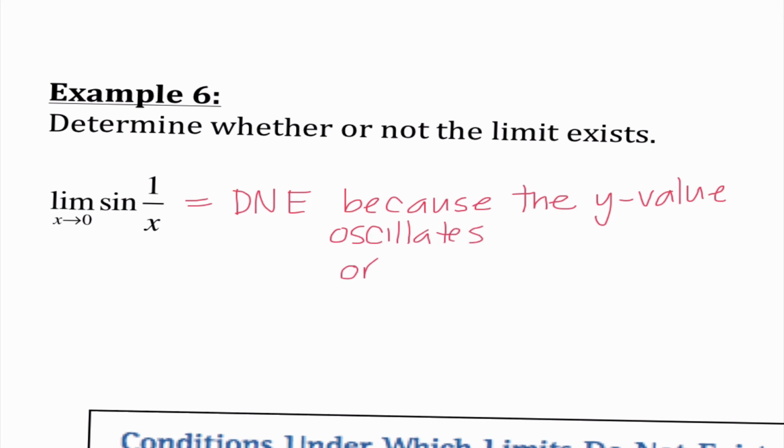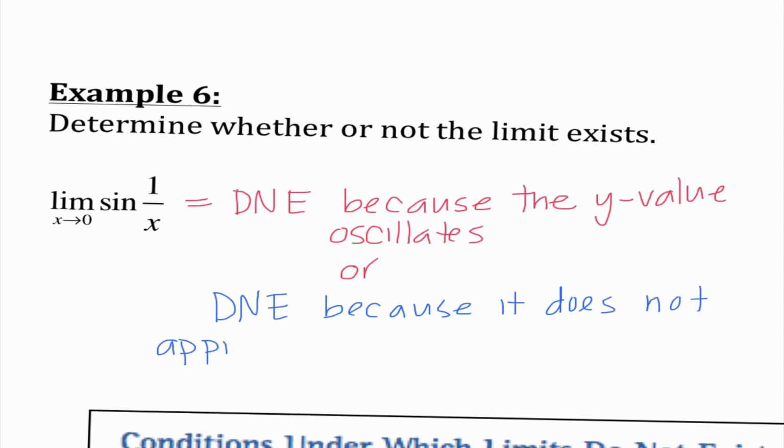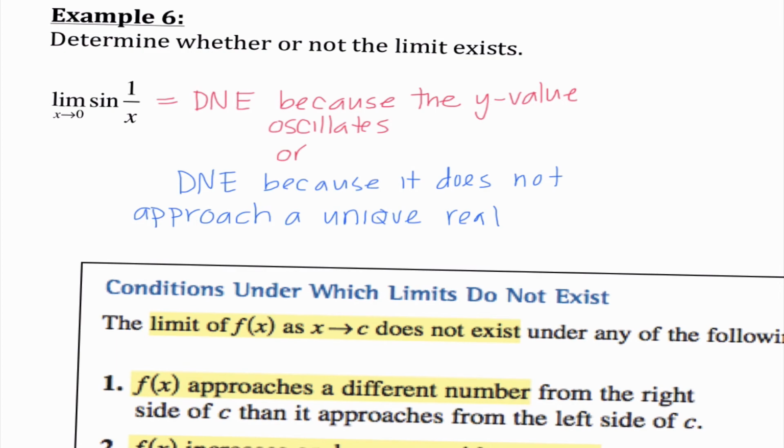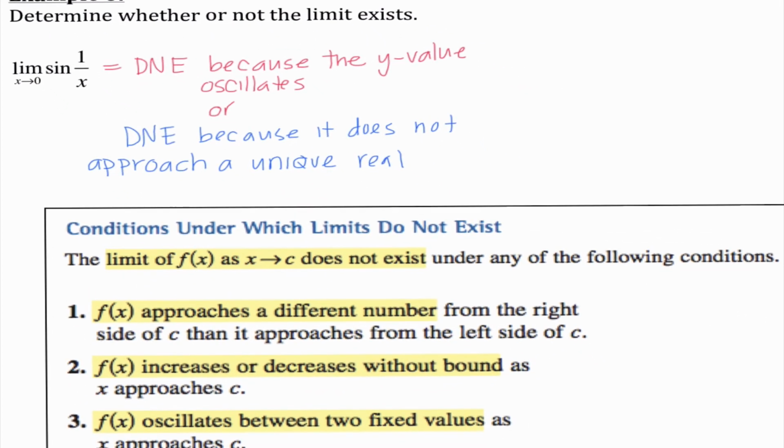Or we could say, once again, that the limit does not exist because it does not approach a unique real number. So I just want to stress to you guys that this terminology, I'm not going to be like, you didn't put in one of the words or anything like that. It's really the general idea for it.